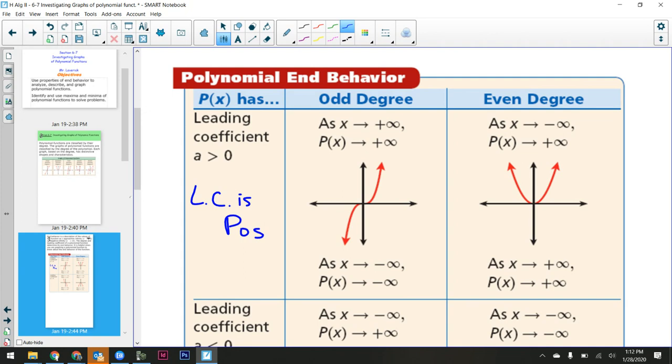You have to learn the notation. You have to learn how to talk about it. You have to learn the language a little bit to be able to answer these questions. Because I'm going to ask you, okay, if it's a positive even, what's the end behavior? And you have to use this terminology.